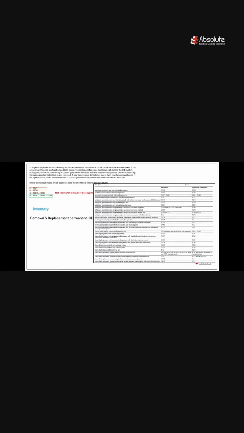Also, there is an easy way you can arrive at the answer. That's how you use this chart, which I showed in the beginning. If you have used this chart, you will also arrive at the correct answer. You can first locate the procedure. The procedure was removal and replacement of the pulse generator and transvenous electrode, right? The entire system was removed and replaced.